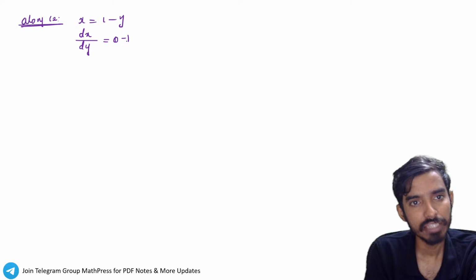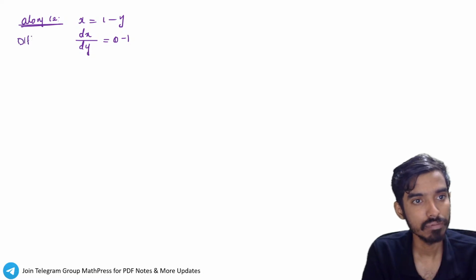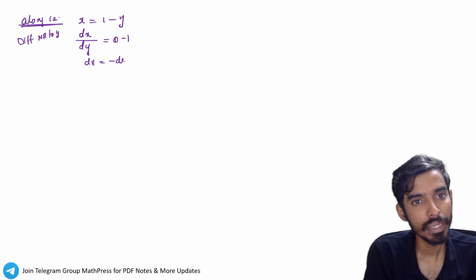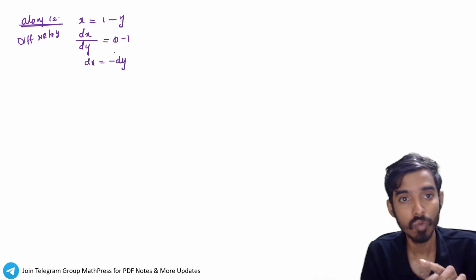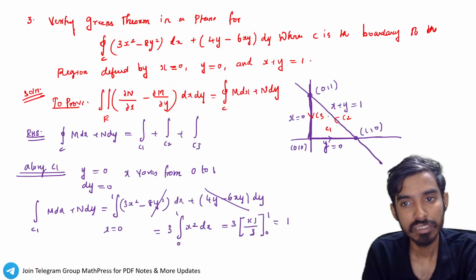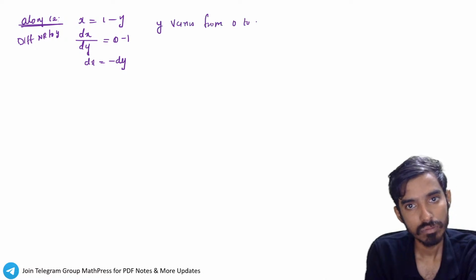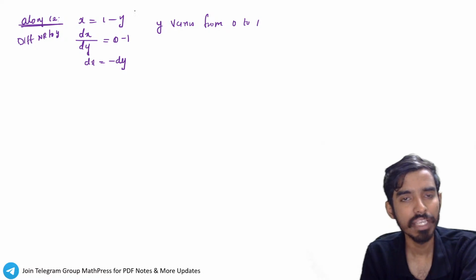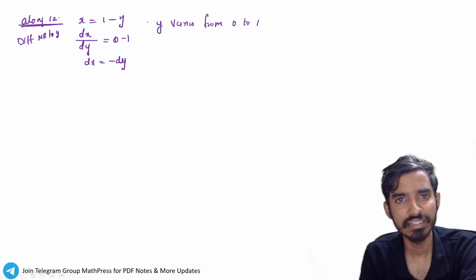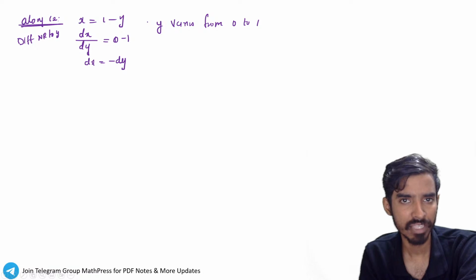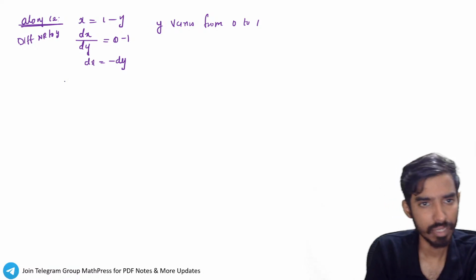It is 0 minus 1, differentiating with respect to y. That means dx is equal to minus dy. So we need to find y limits. So y varies from 0 to 1. You can also write y is equal to 1 minus x and convert everything in terms of x. Okay, this is your wish.